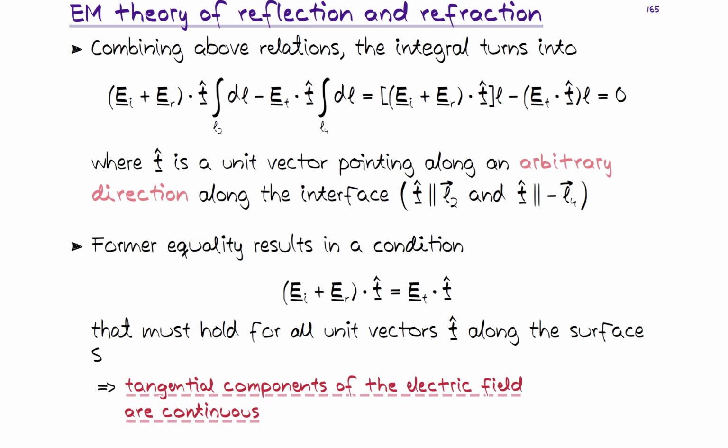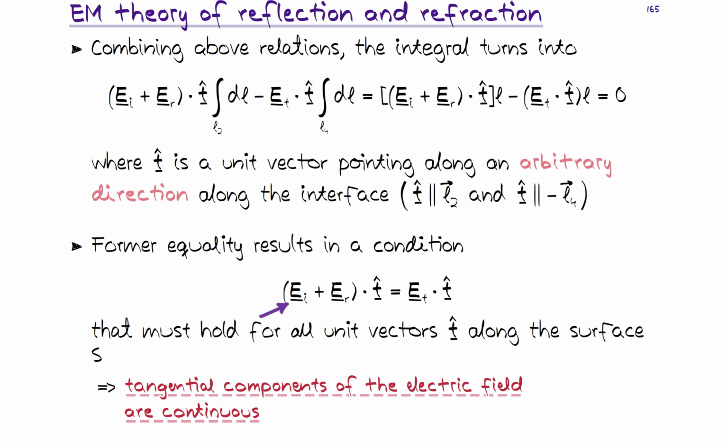So now we are able to actually put some physics around the mathematics that we have dealt with so far. Basically, I have these two dot products, and the equality must hold for all the possible fields I can imagine. And since I'm taking the dot product with a vector that is along the plane of interface, I'm basically looking at the tangential components of the electric field.